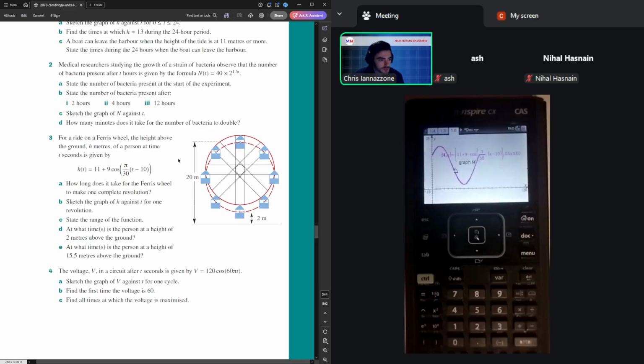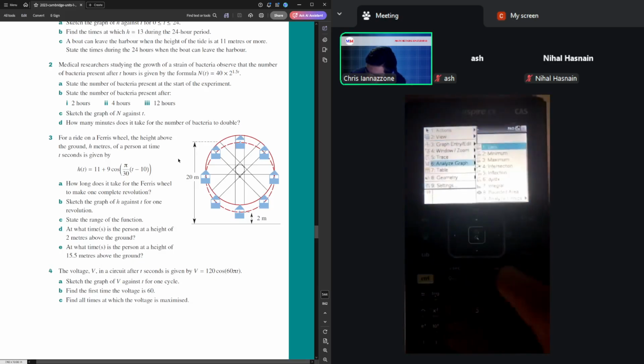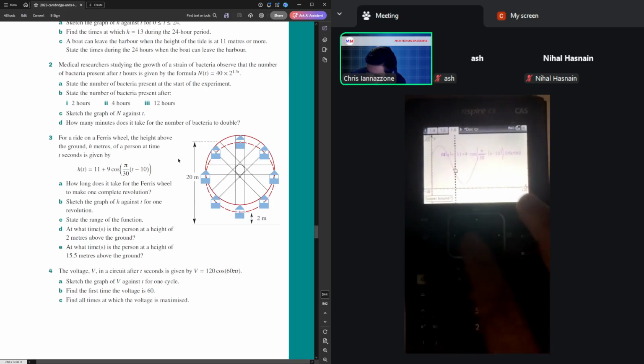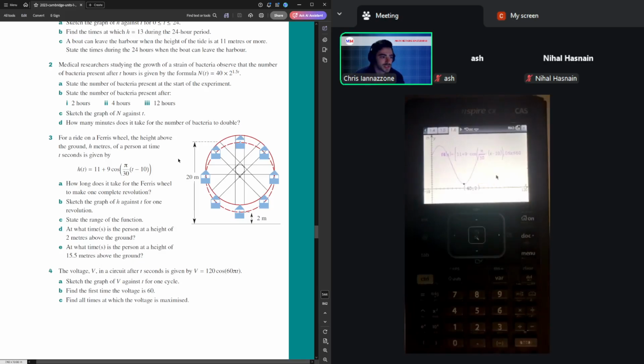We already know the minimum is going to be 2 meters, and so the minimum of this graph is therefore 2 meters, and finding the time value at which we have that minimum by using the graph tools will give us x equals 40, or in this case t equals 40, which would correspond to 40 seconds.